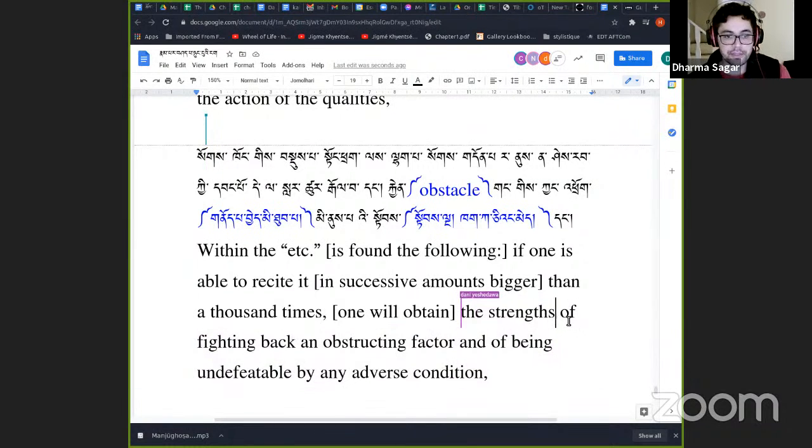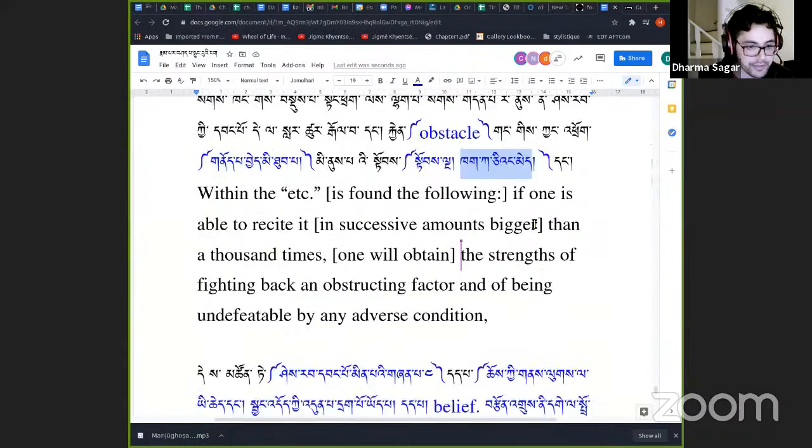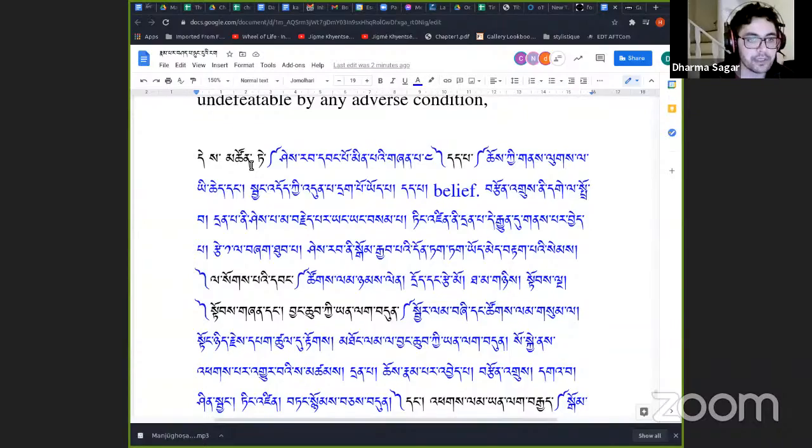Because the faculties enable you not to be under the power of obstructing factors, and then the strength will enable you to fight back these obstructing factors. So yeah, he's saying that there's nothing different in them. Okay.